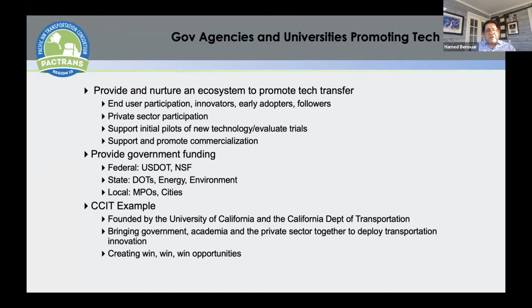And so this is what CCIT was meant to be, and this is, I think, what ecosystems need to be created to do or to promote tech transfer.